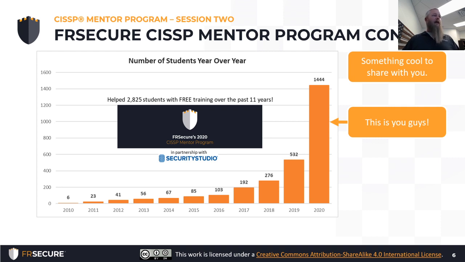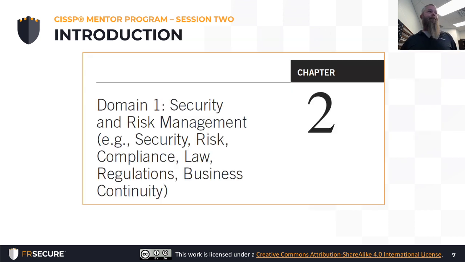I guess when we started back in 2010, I don't know what we really expected, but to see that we're helping this many people. Hopefully, you guys will pay this forward as you progress in your own career. Maybe you are already doing this kind of stuff yourself. If you are, then good for you. We all need each other in this industry. On Monday, we talked about how we have such a talent shortage in our industry. If we all work together, that's our hope for making this better. And I see a whole bunch more people are still signing up. Man, it's going crazy. All right, good.